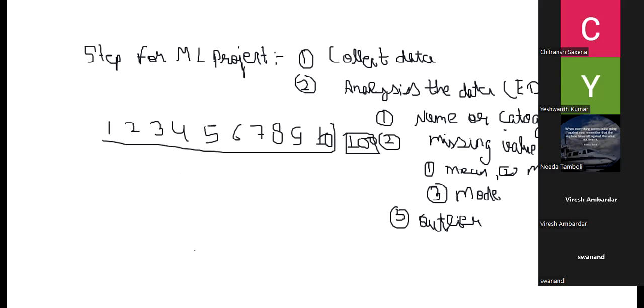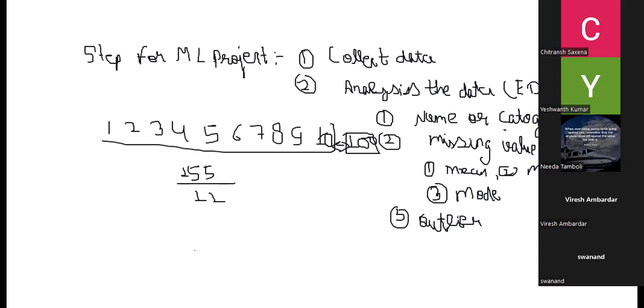Okay, so this is normal data, but there is so much difference in between 100 and 10, and if you find the mean of this, then the answer will be 155 divided by 11.